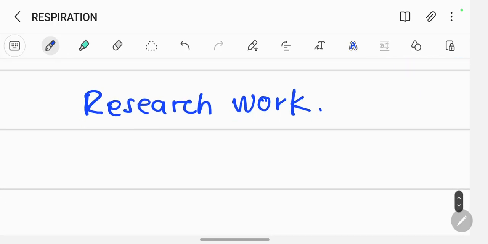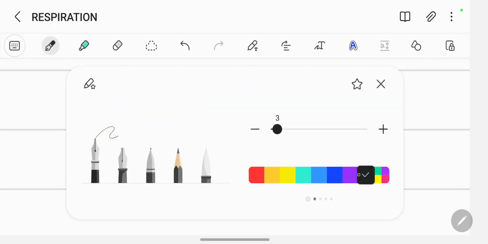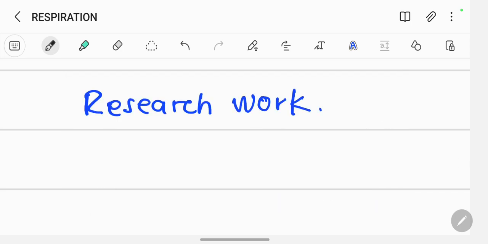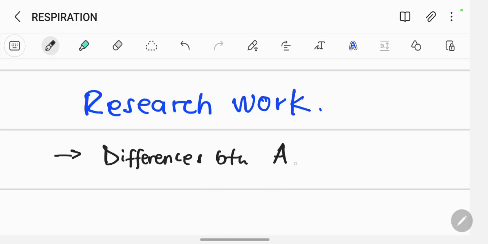Look for the differences between aerobic and anaerobic respiration, aerobic respiration and fermentation.